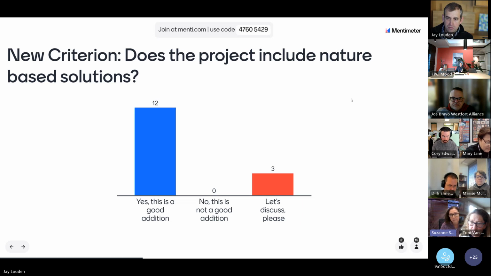So I do understand the confusion, but I think the concept, at least in the land section, was to have a preference for projects that use nature to mitigate the additional impervious cover that could come in with a more hardened surface project. Irby, did you have a comment, or is your hand just up from before?